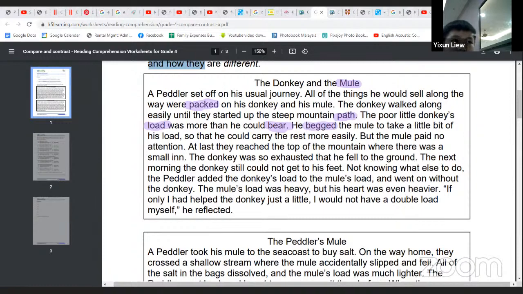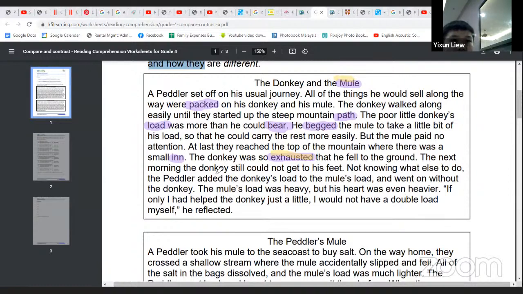The donkey was so exhausted that he fell to the ground. The next morning, the donkey still could not get to his feet.